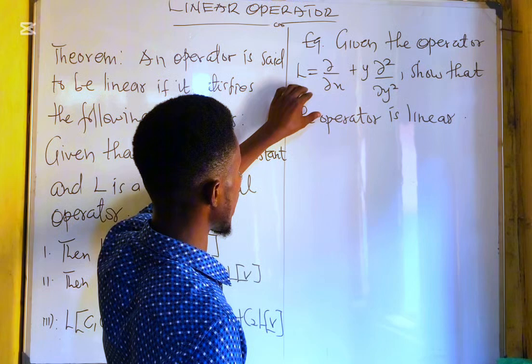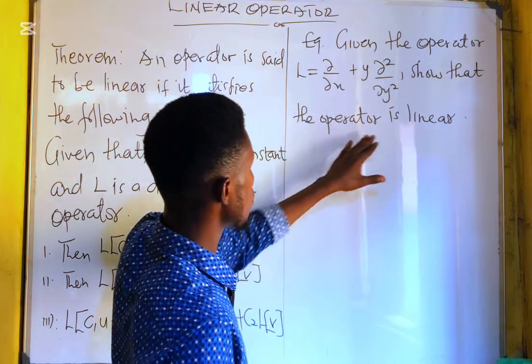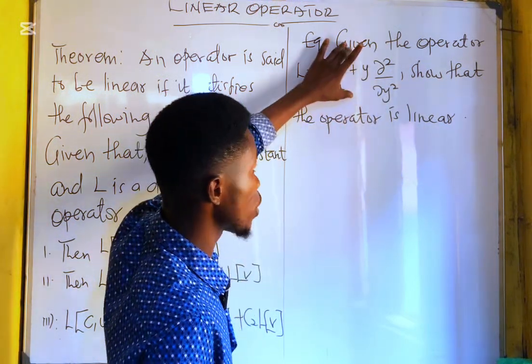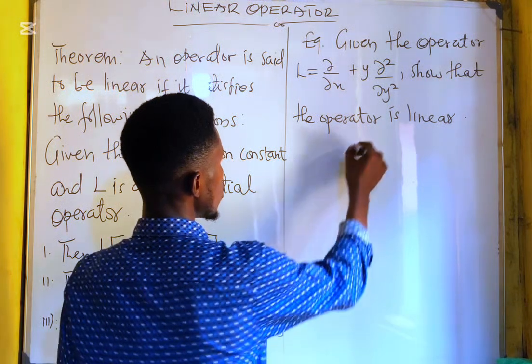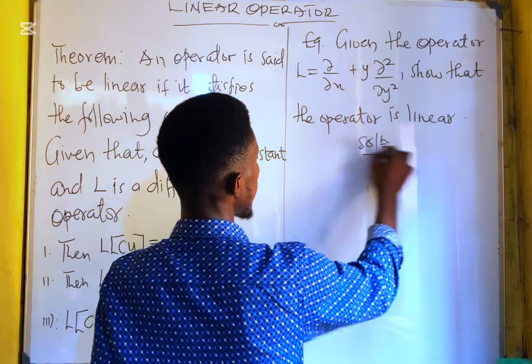Now let's look at this example. Given that the operator L is this, show that the operator is linear. So you see the operator has been given, and we want to show whether it is linear.